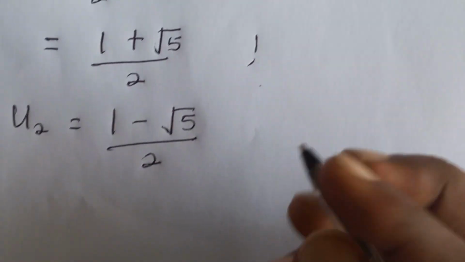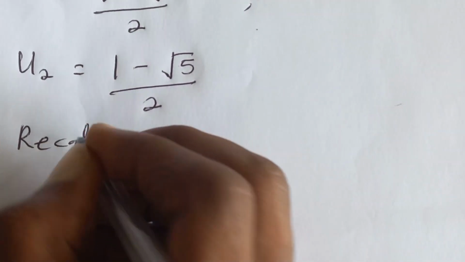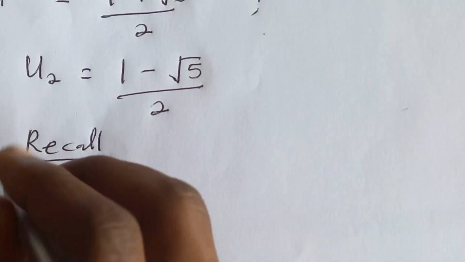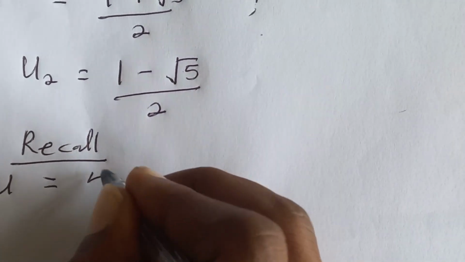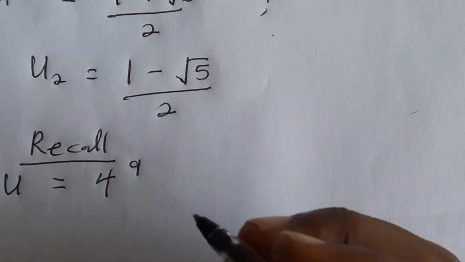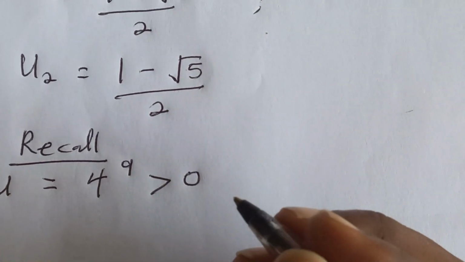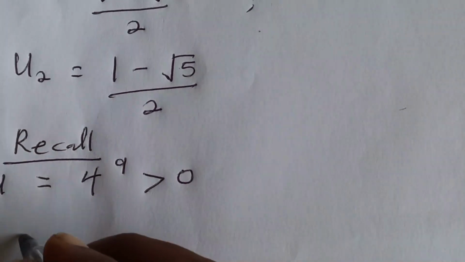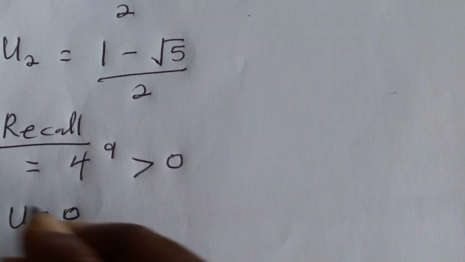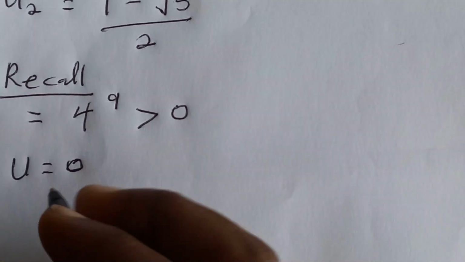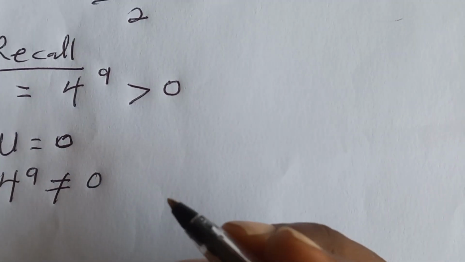Now let's recall our expression, which was u is equal to 4 exponent a. And we know that 4 exponent a is greater than 0. So in this case, u is equal to 0 does not satisfy the equation. So 4 exponent a isn't equal to 0.